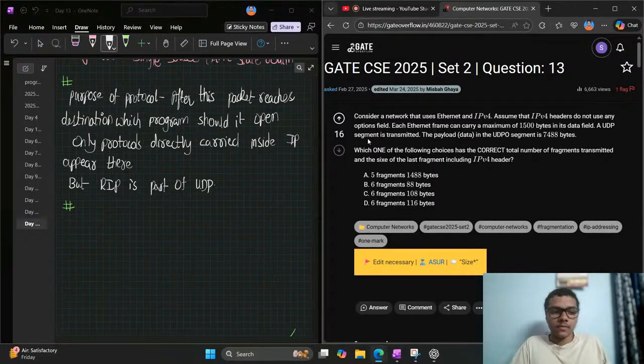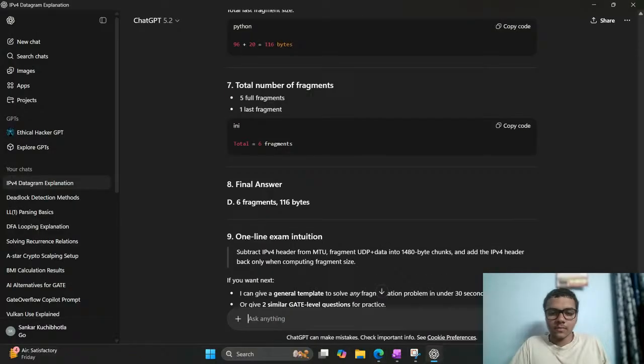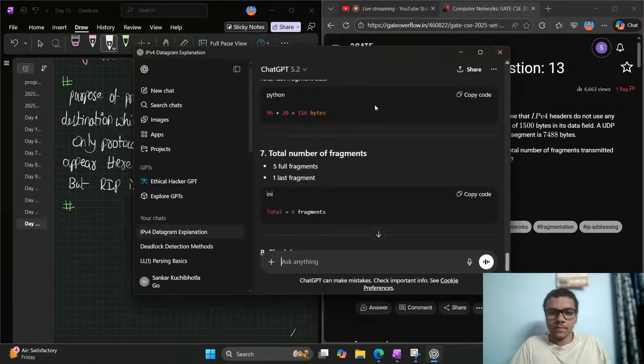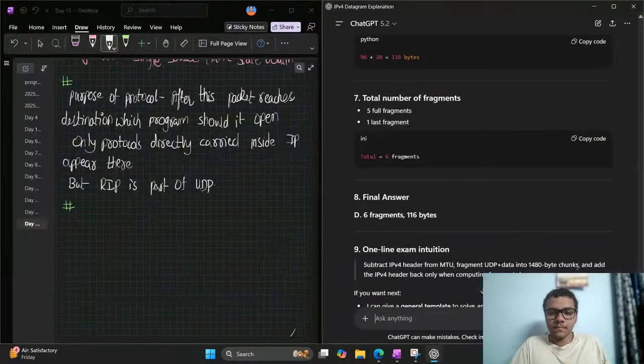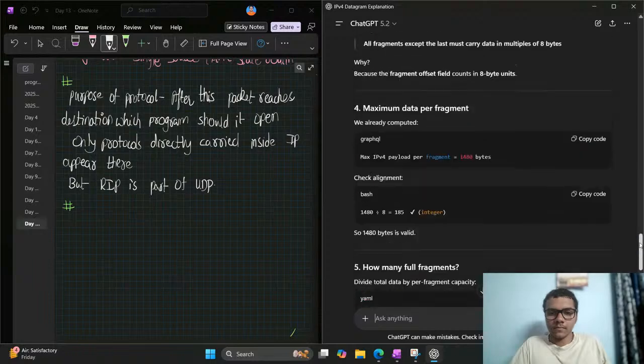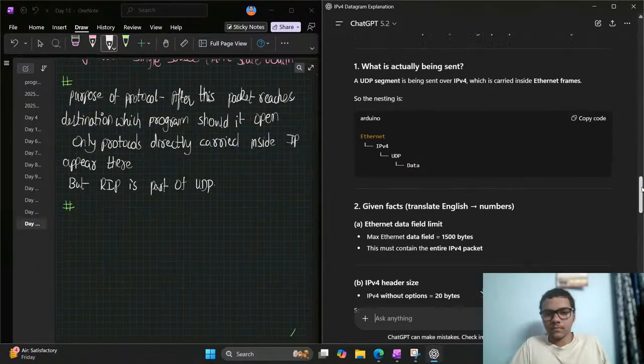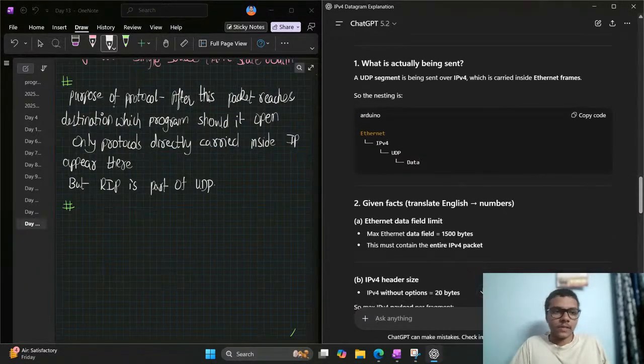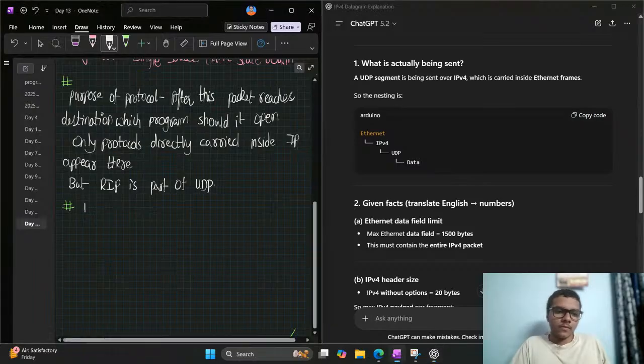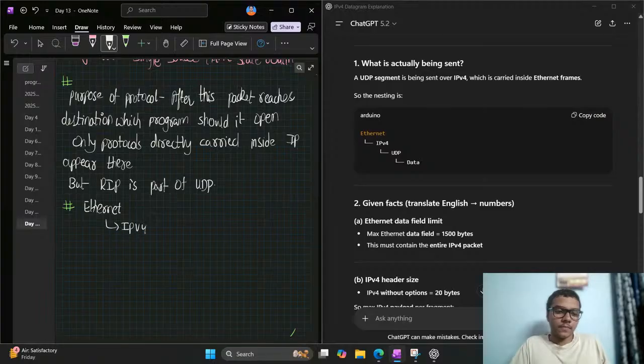Okay, so let's write this one as well. So Ethernet contains the IPv4 packet, and it contains the UDP protocol, and it contains data.